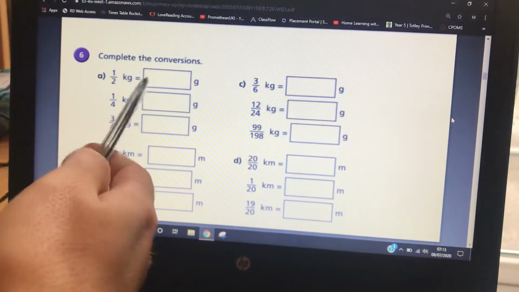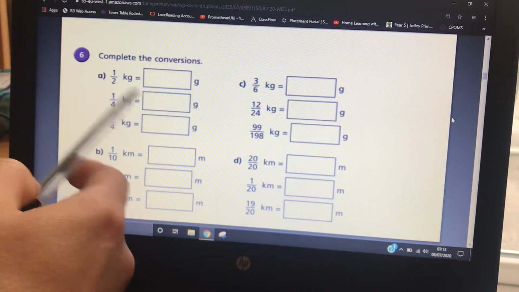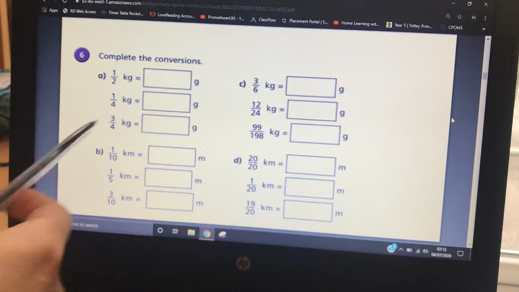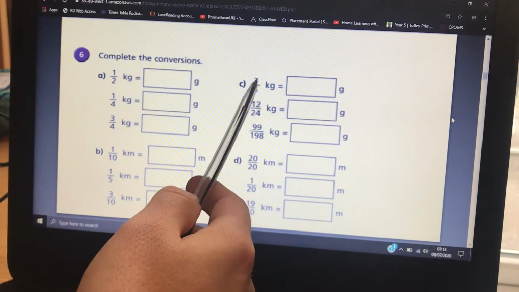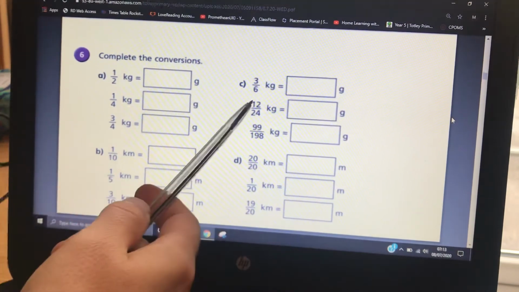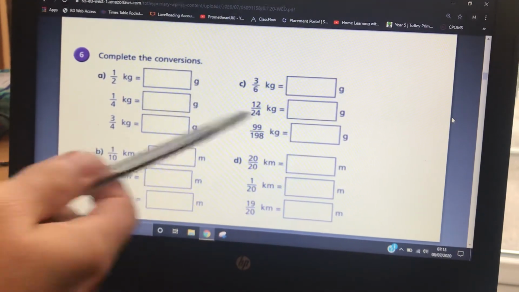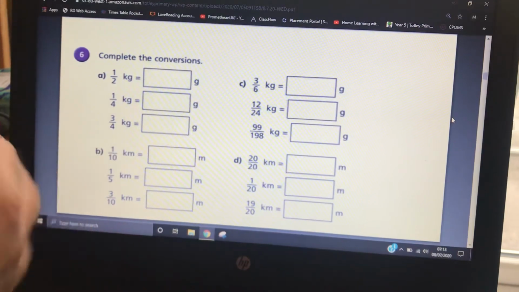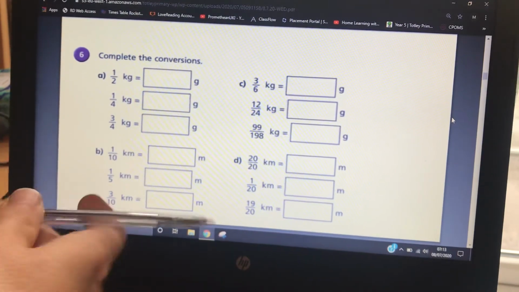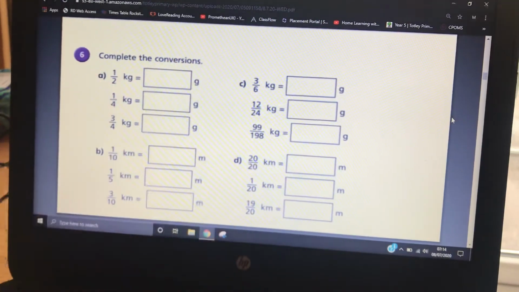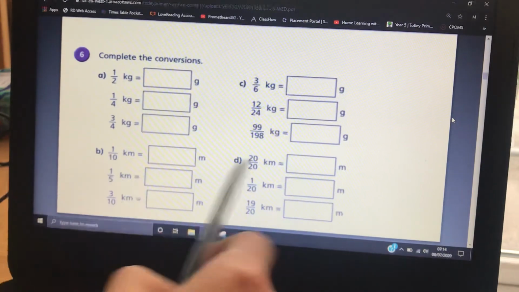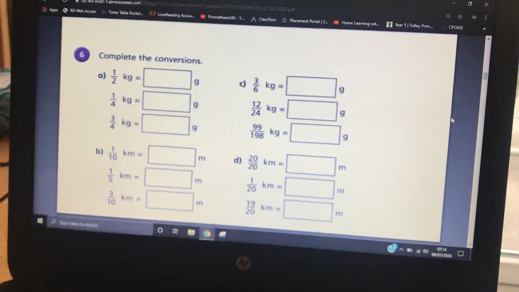So you've got to start thinking about halves and quarters. This is remembering your number patterns. 3 over 6: well, 3 is half of 6, 12 is half of 24. Some of them will look really weird, but just stop and think about them for a minute. 20 20ths: what does it mean when both numbers are the same in a fraction? This is the tasty question.